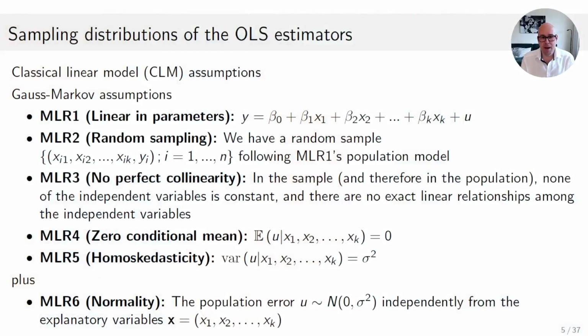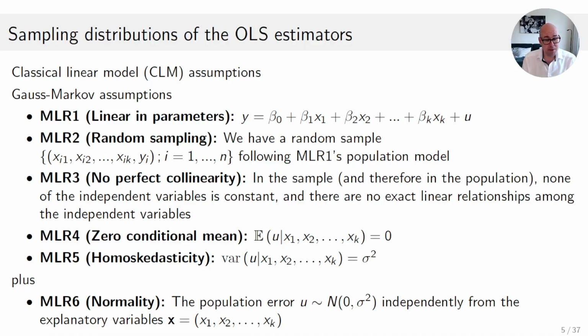So let me first go back to the assumptions that we have already made for multiple linear regression. So we had 5 assumptions: linearity in parameters, random sampling, no perfect collinearity, the zero conditional mean assumption, which is really important because this assumption makes sure that we're shooting at the right target, let's say, so that our estimators estimate the right thing.